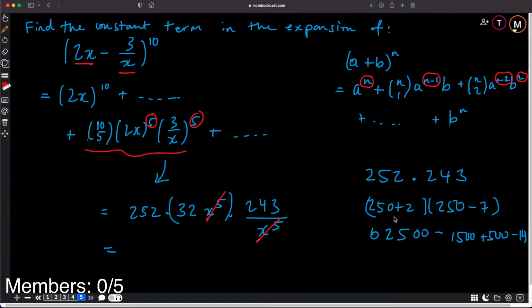Is it 17? It has to be more than 1500 because 7 times 2 is 14. Yeah, why did I say... I was thinking 7 times 2.5.